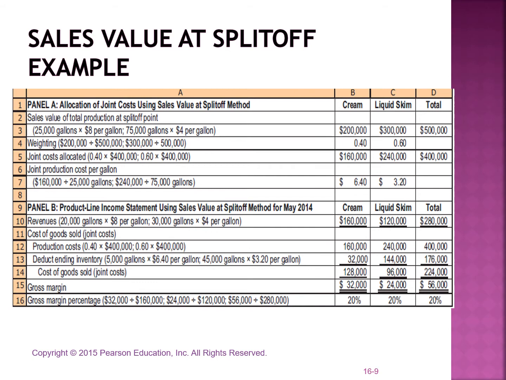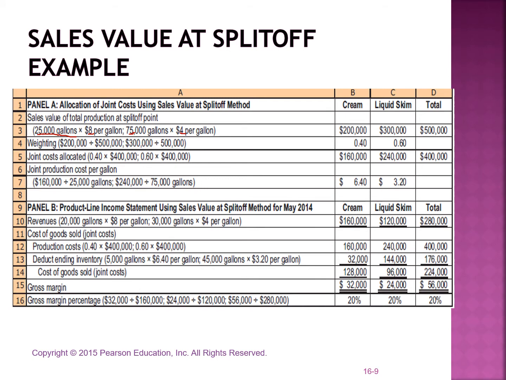We have creme and we have liquid skim. What is the sales value of the total production at the split-off point? As you can see here, it is 25,000 gallons multiplied by 8. All of that was given in the previous slide. And 75,000 gallons multiplied by $4.